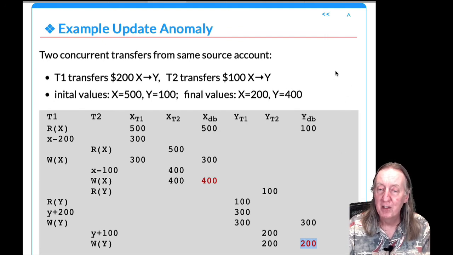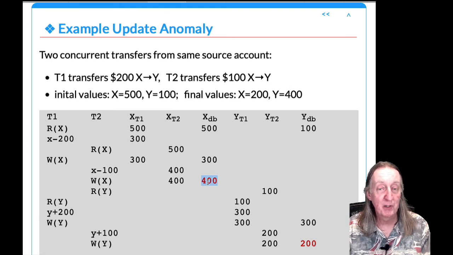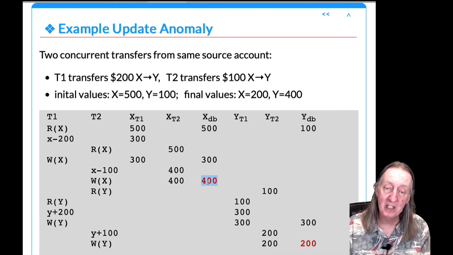Now, I guess the bank wouldn't complain about that because the amount of money in the system has been preserved, but the owner of the X account will be laughing because they transferred $300 out and the overall effect was as if they'd only transferred $100 out.